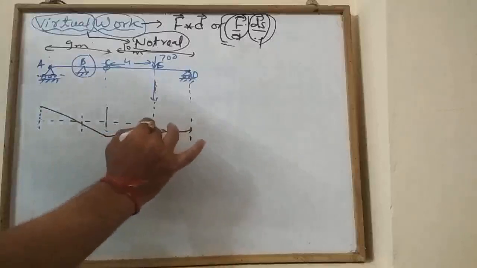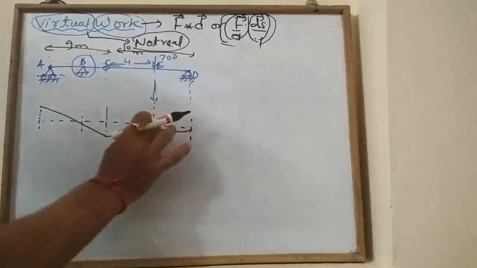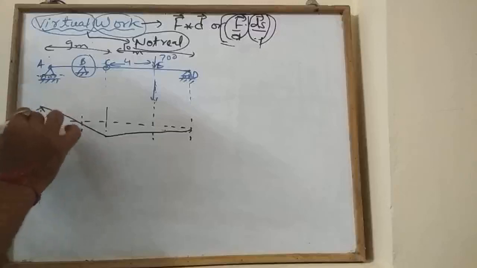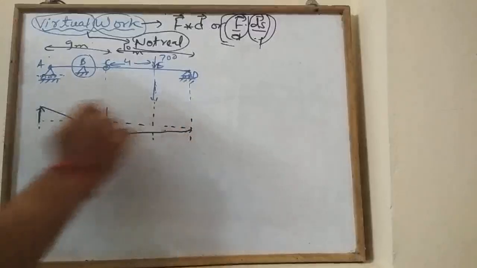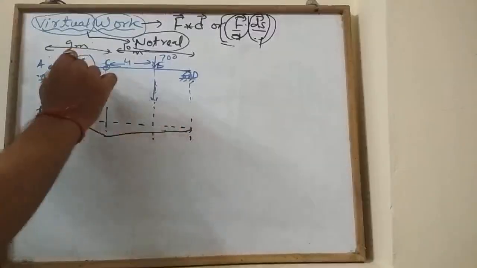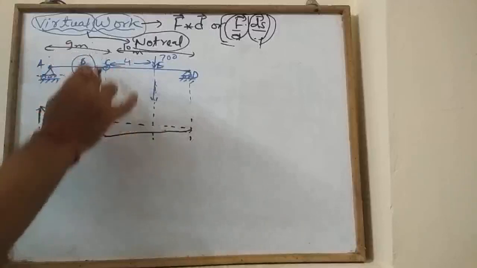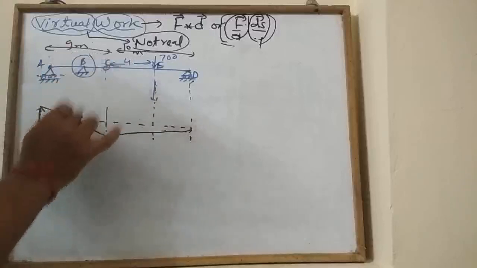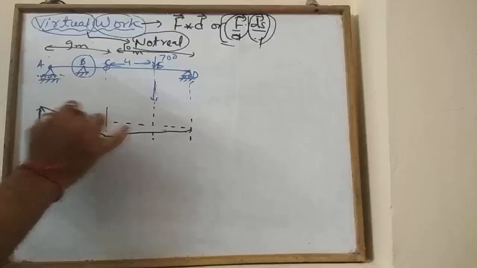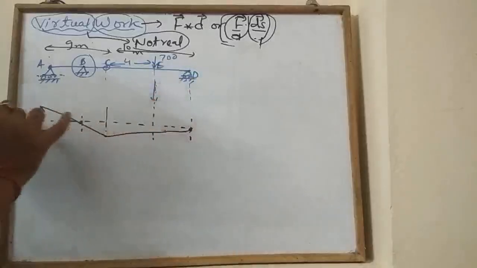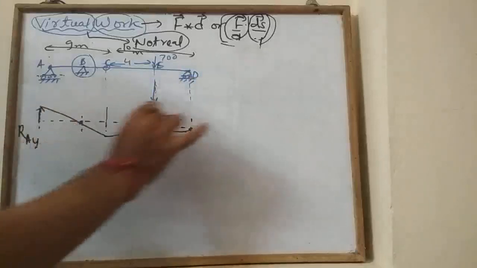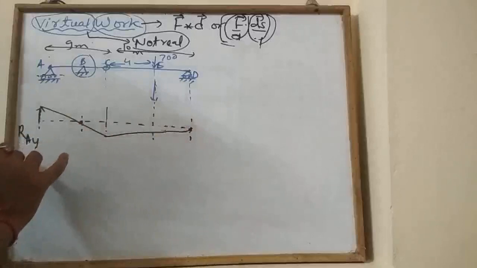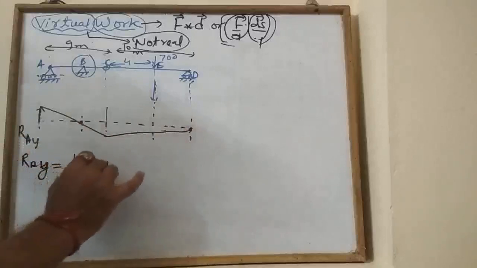In virtual work, we will have to assume that one point is displaced, then other points should remain hinged at the supports only. See, this B point is not moving. So this will be the RAY. Now for this geometry, calculate RAY. Home assignment.